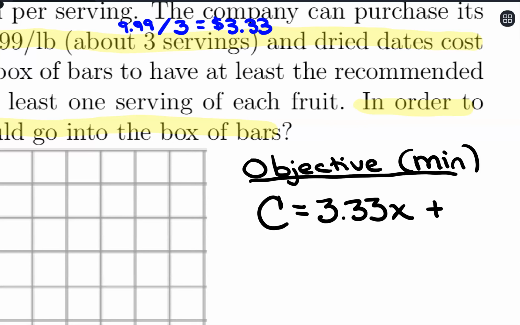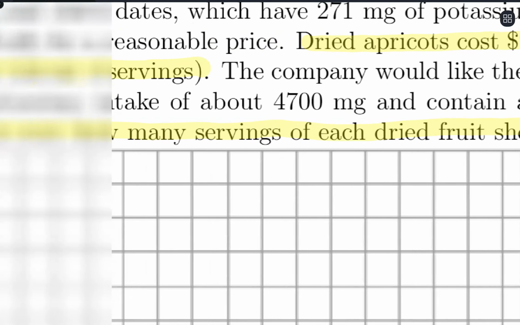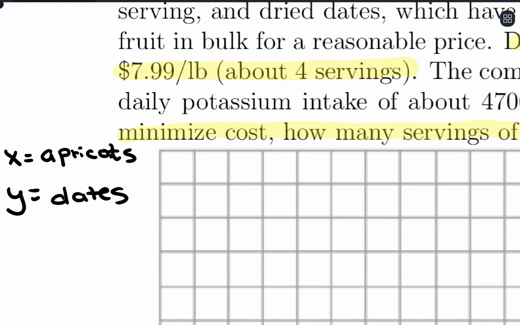And then I want to add on the same thing, but with y. So with the dates, it's $7.99 for 4 servings, so $7.99 divided by 4. That's going to be a decimal, but since this is money, we'll round it to 2 decimal places, so it rounds to basically $2.00 per serving for dates.